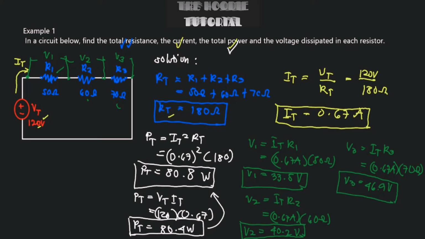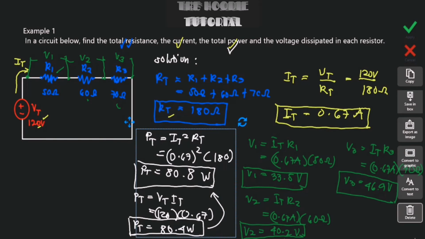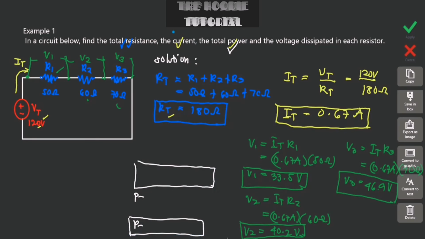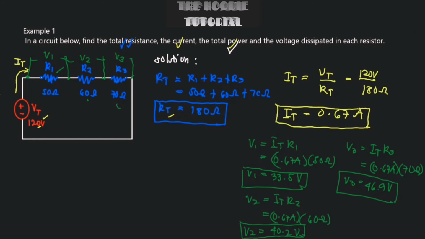Basically, we can also use the voltage divider formula for the voltage dissipated in each resistor. If we try to check that one, we just have to erase this. Right now we are going to use the voltage divider formula for V1, V2, and V3. Let's see if we would have the same outcome.